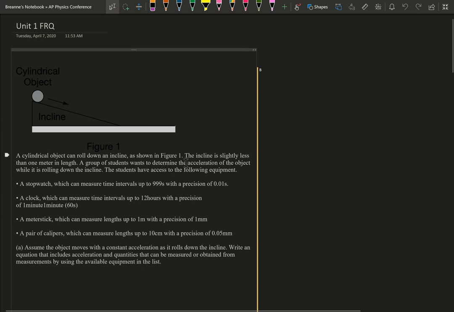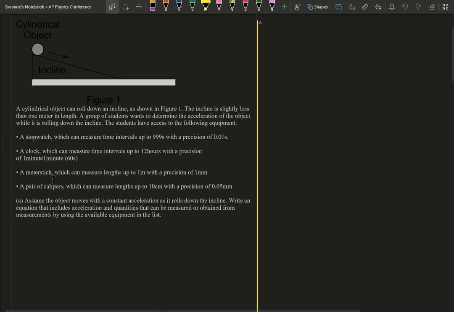Students have access to the following equipment: a stopwatch, a clock, a meter stick, a pair of calipers, which measure in length of 10 centimeters with a precision of 0.05 millimeters.